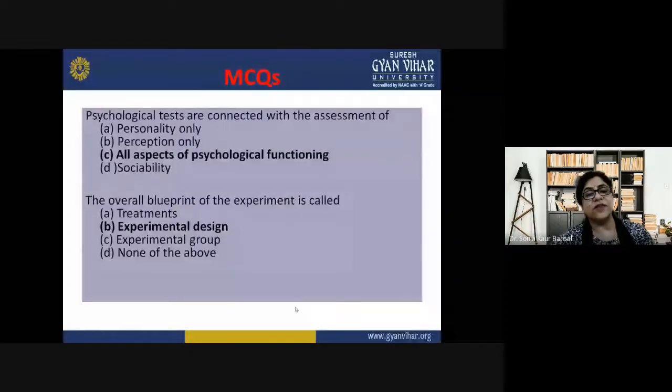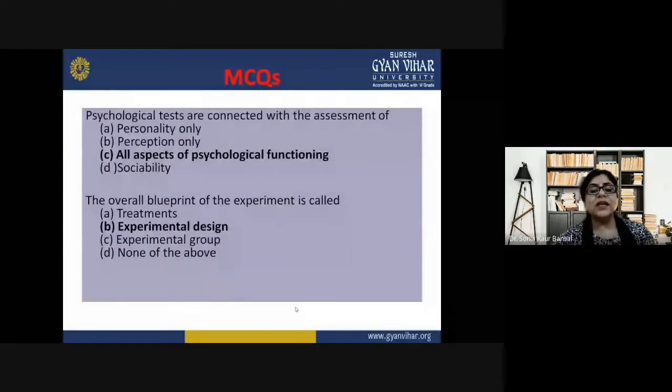So let's start. Psychological tests are an assessment of: A, personality only; B, intelligence only; C, all aspects of psychological functioning; D, sociability. So the answer is all aspects of psychological functioning.